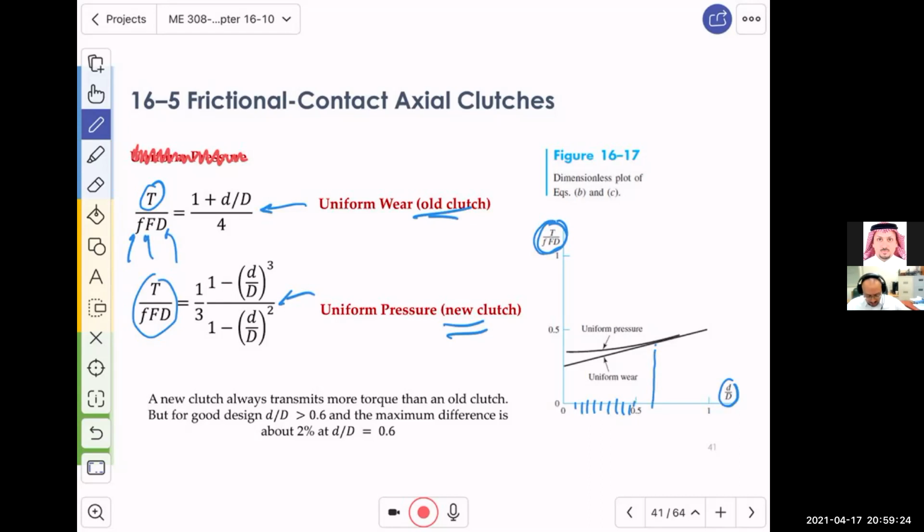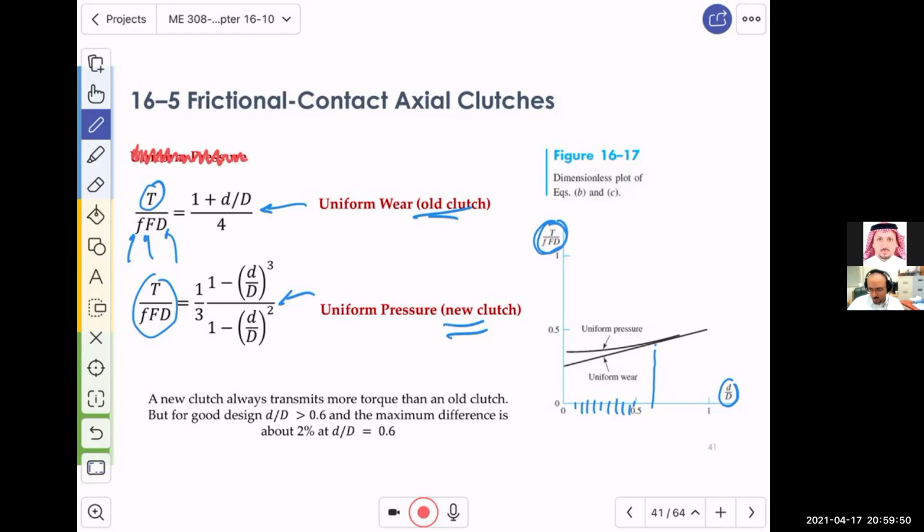So what do we say here? We say that a new clutch always transmits more torque than an old clutch. But for good design, with d small over D capital greater than 0.6, the maximum difference is about 2%.